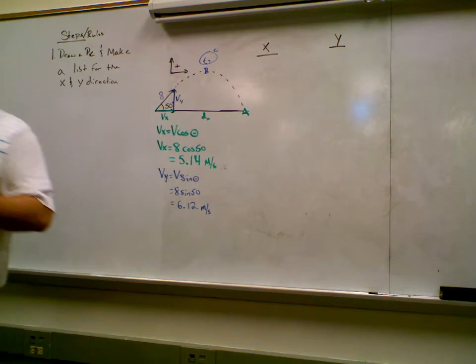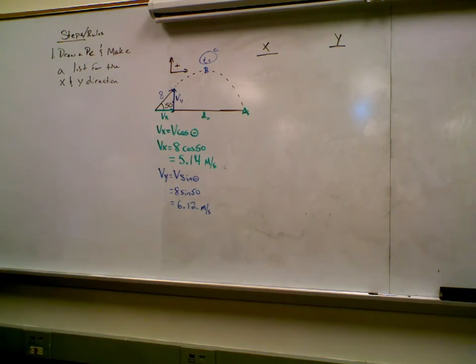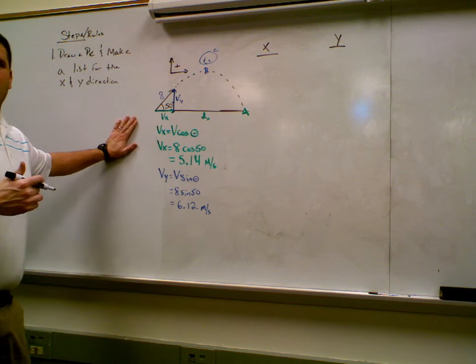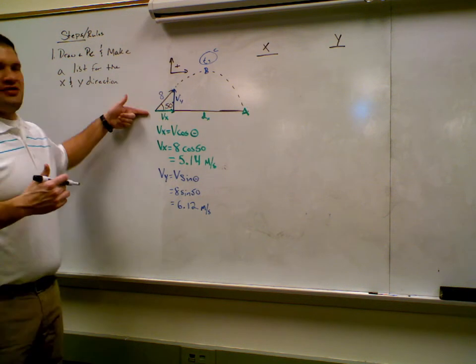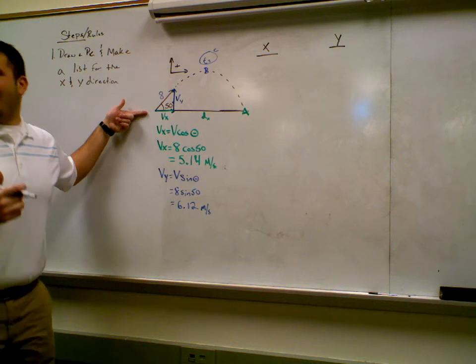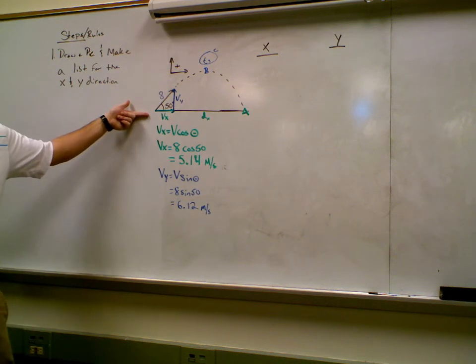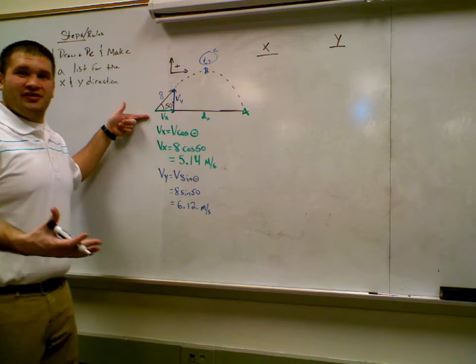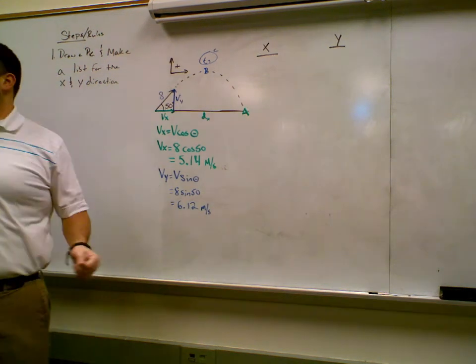What are some things we know in the x direction? Mikir, got anything we know in the x direction? Okay, what is that? It's the bottom thing, which is an x component of the velocity, right?